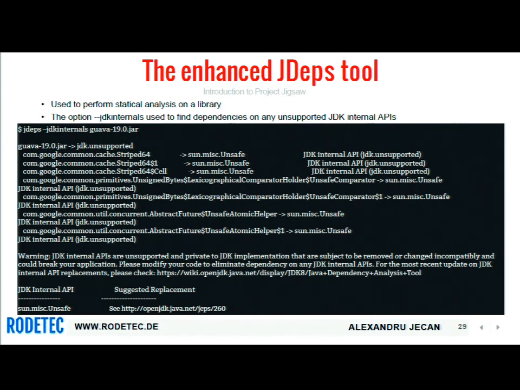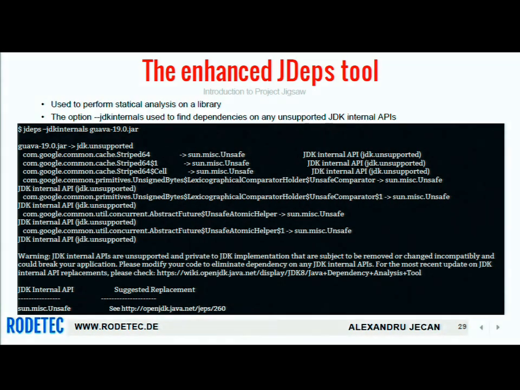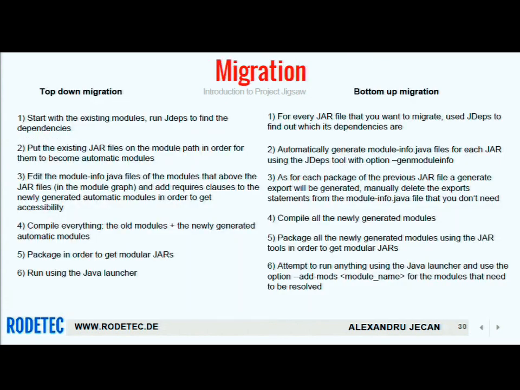And it finds that it uses sun.misc.Unsafe, and for most of the JDK internal APIs, it suggests replacements. Here is not the case, but this is a very useful tool for finding dependencies on JDK internal APIs, so you can provide replacements for them when you switch to Java 9.